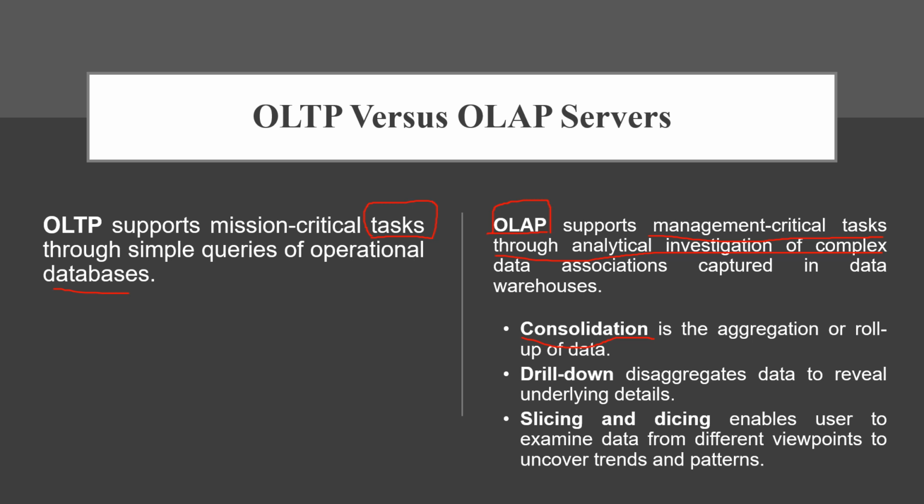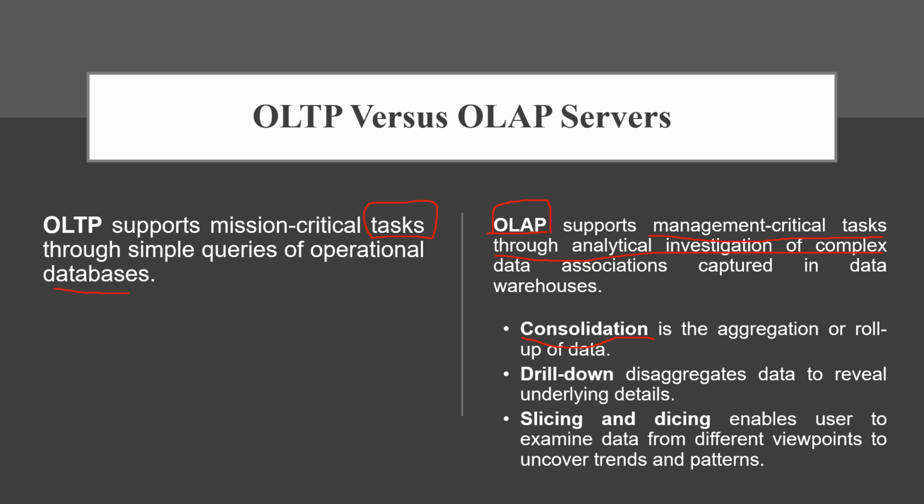So what is consolidation? Consolidation is the aggregation or roll up of the data, by rolling up the data and trying to integrate it and find connections between the data. Then we have drill down, the disaggregation of data to reveal underlying details.